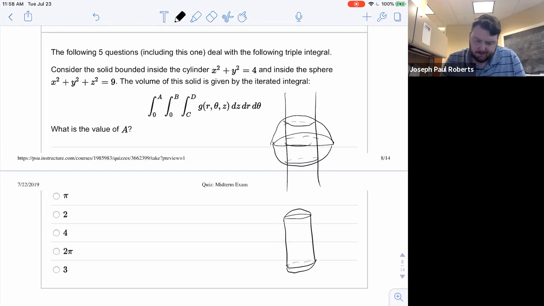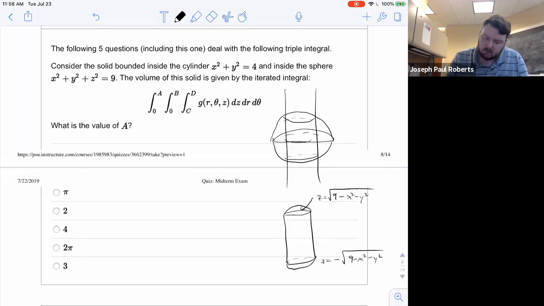Okay, so it looks like we're asked to do this in cylindrical coordinates, which means we're still thinking of the bottom and top surfaces. And okay, the bottom and top surfaces are the bottom and top halves of the given sphere.